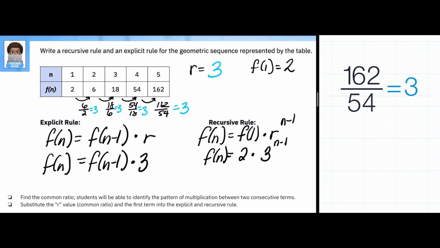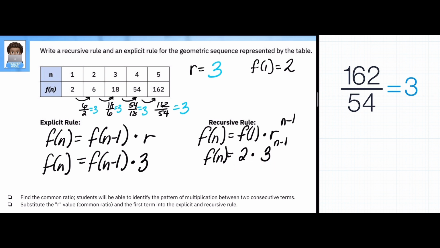All right, and we may be asking ourselves, why can't we just do what we did last time and simplify this? Like, could we just multiply these parts? But remember, we have to use order of operations, and in our order of operations, exponents come before multiplication. So we cannot simplify this by doing 6 to the n minus 1.